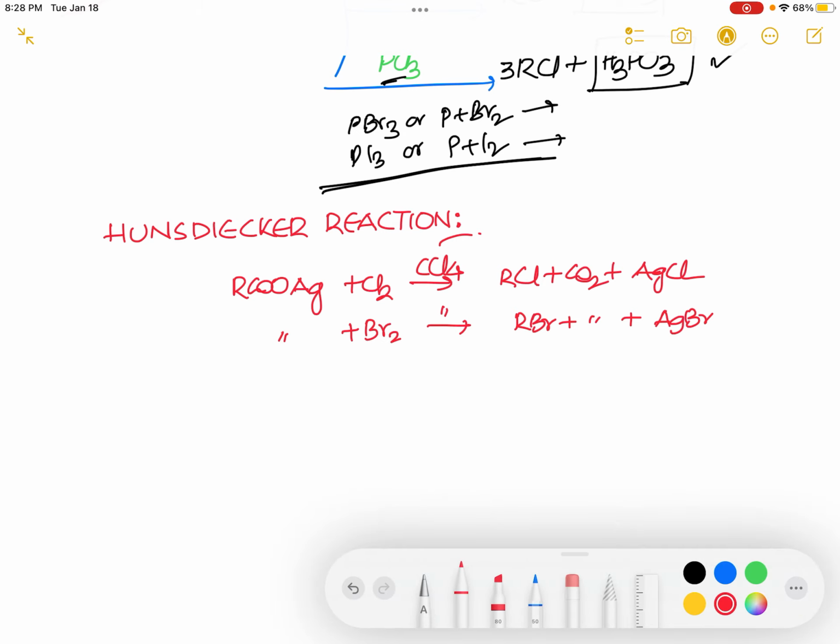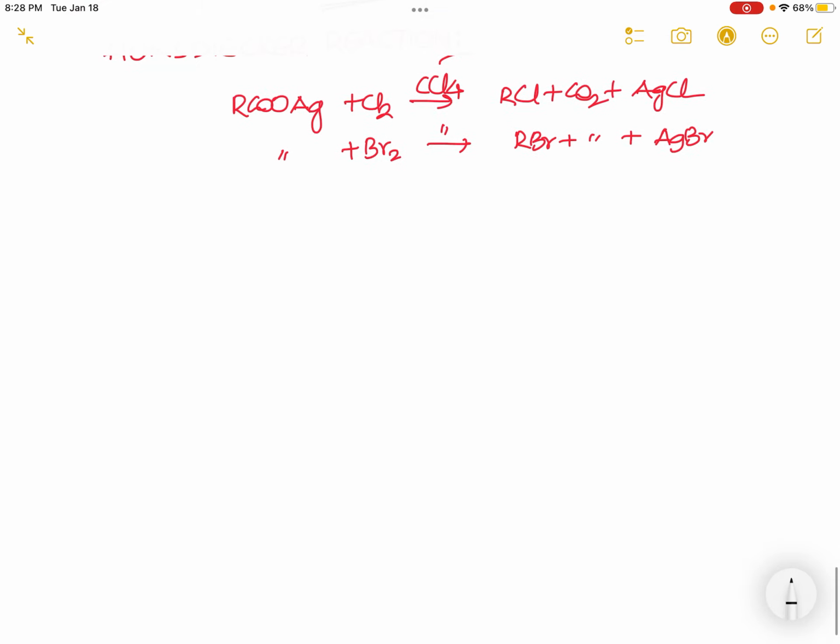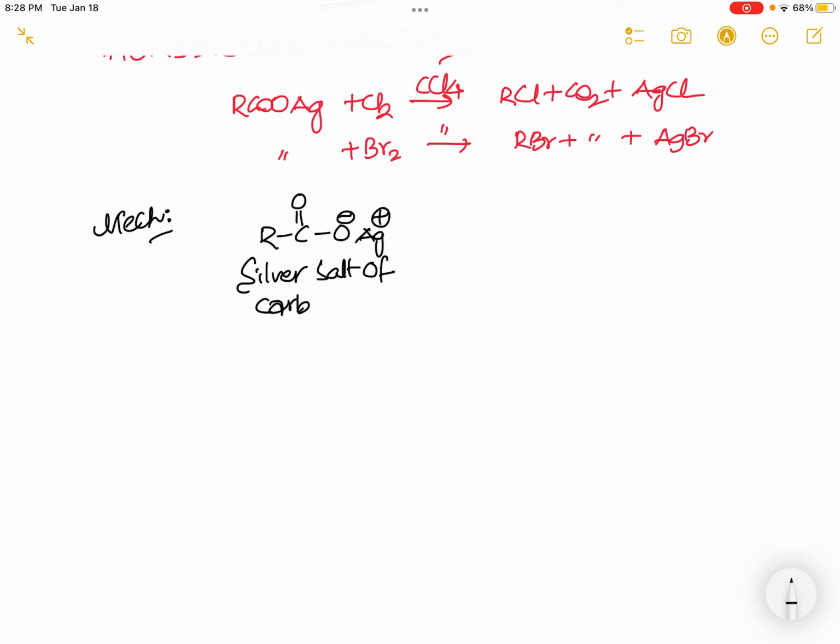This reaction mechanism is interesting. We'll have a look at the mechanism. RC double bond O minus Ag plus, the silver salt of carboxylic acid, and you are using bromine there.